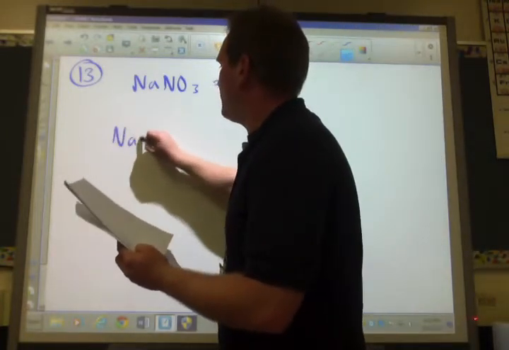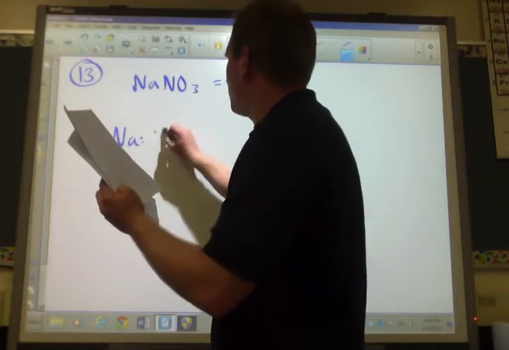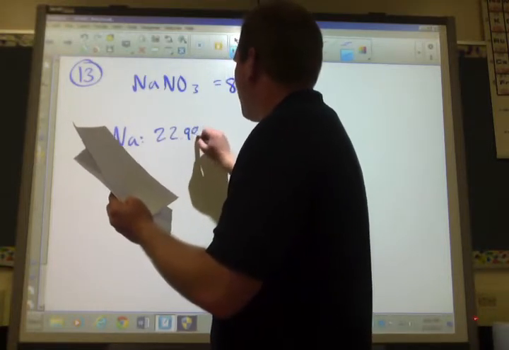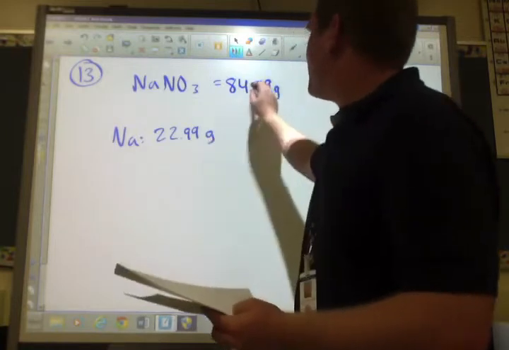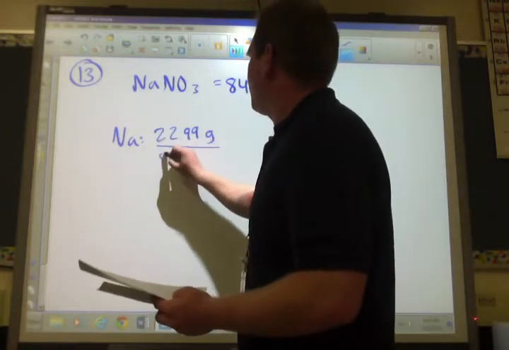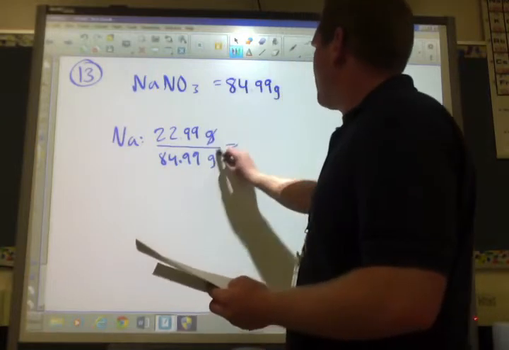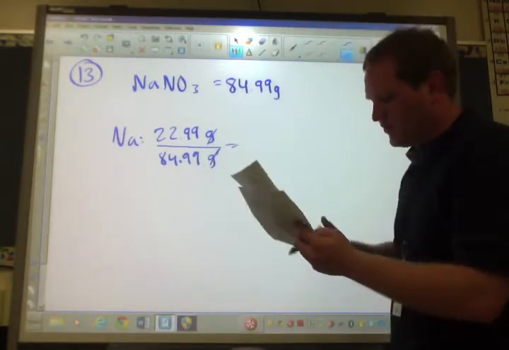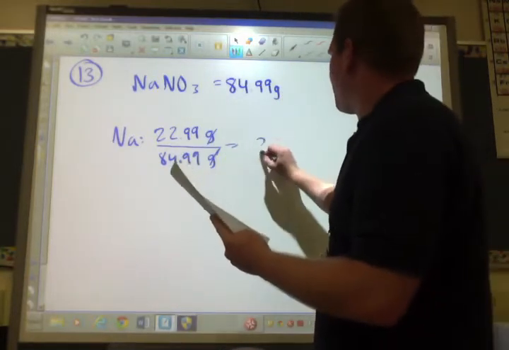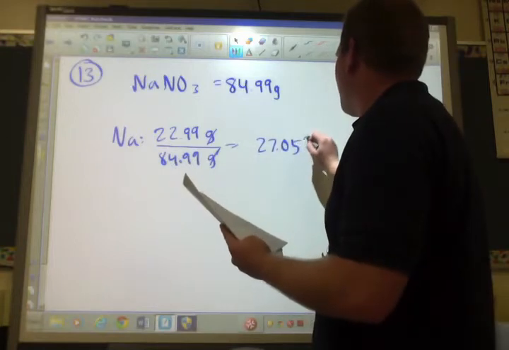Then what we do is we look up each individual element. So for sodium, on the periodic table, it's 22.99 grams. We divide that by our total here. Gram cancels gram. We're going to do times 100%, which gives me 27.05% Na.